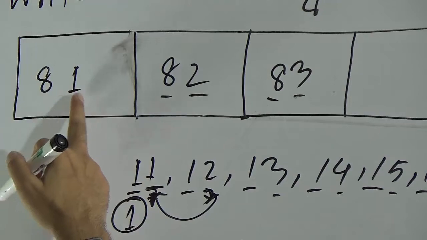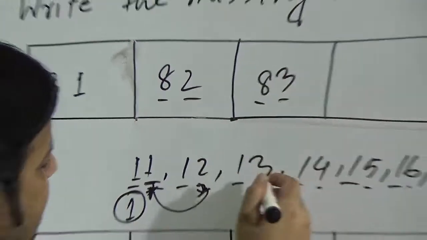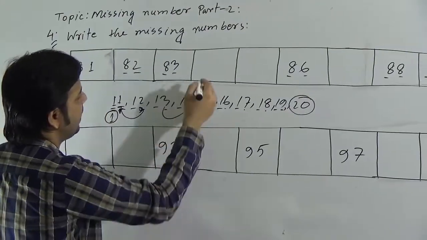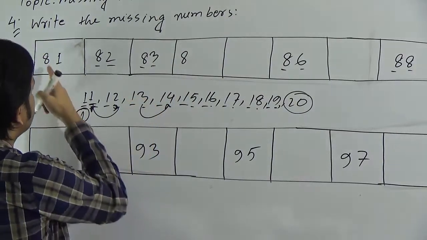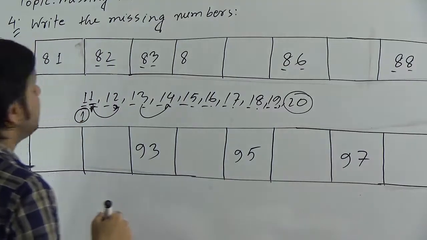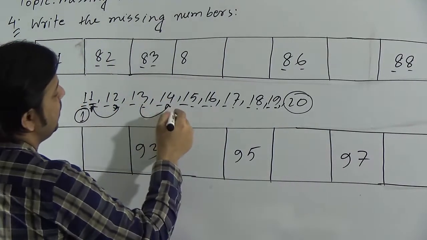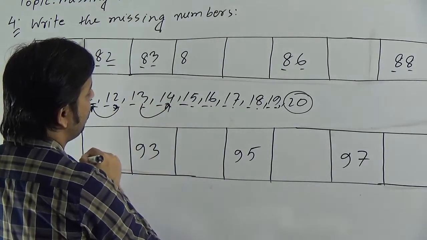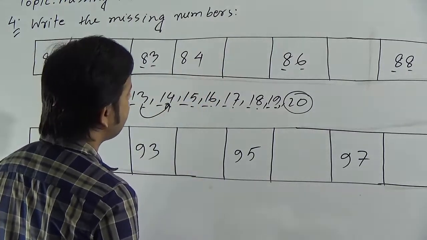Now this is 81, this is 82, 83. After 83, the one's position is 4. So we can write here 8 in the tens position, as 8 is in the tens position of all the given numbers. After 3, we look at 4 in the one's position, so we write 4 in the one's position.